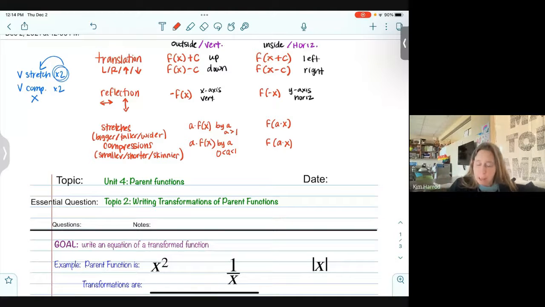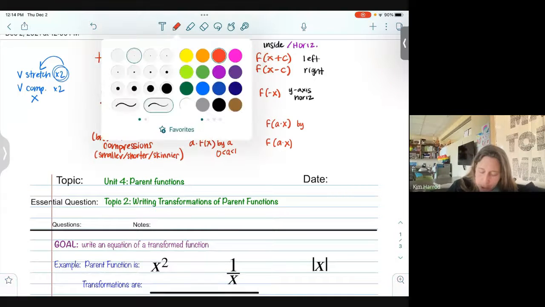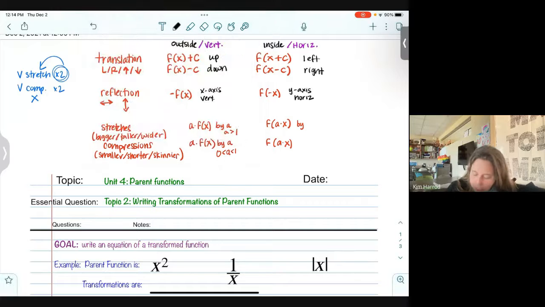So the stretch, when it is a stretch, you actually end up stretching or compressing by the reciprocal amount. So instead of saying by A over here, we are going to have by 1 over A. And again, 1 over A is just a mathematical way to say reciprocal.